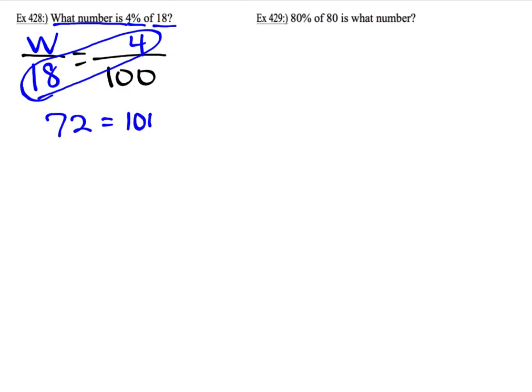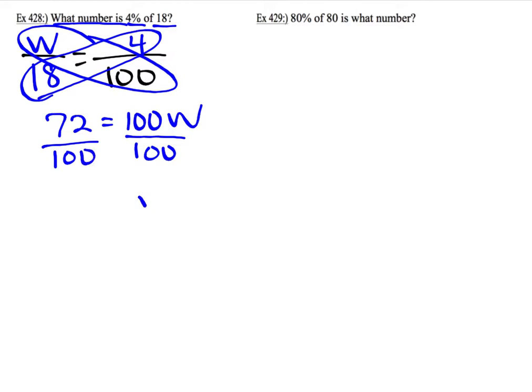And that equals 100W. When we do the cross product the other way, we divide both sides by 100, and we get that W is 0.72. That means that 0.72 is 4% of 18.